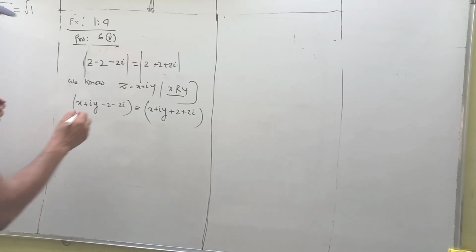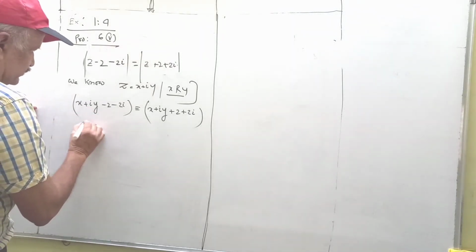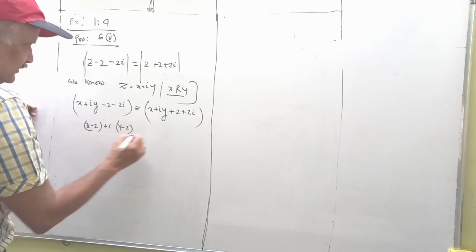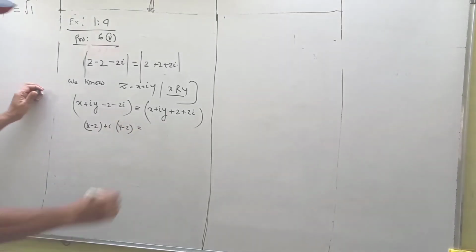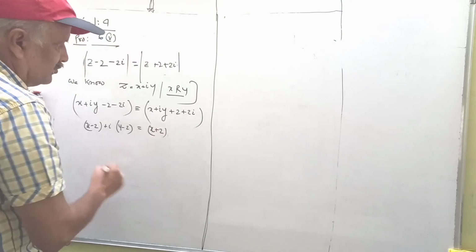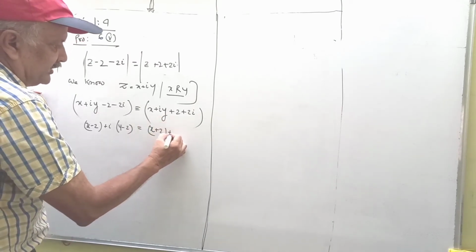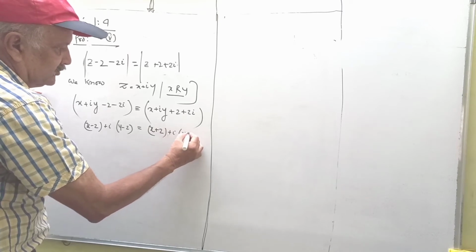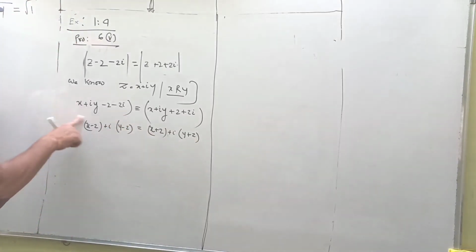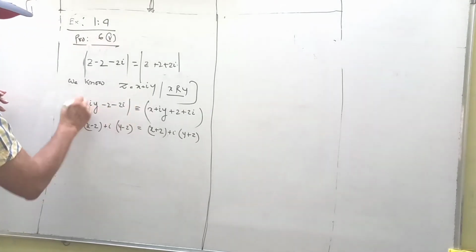Now |(x − 2) + i(y − 2)| = |(x + 2) + i(y + 2)|. But remember, it is not a complex number, it is a modulus.